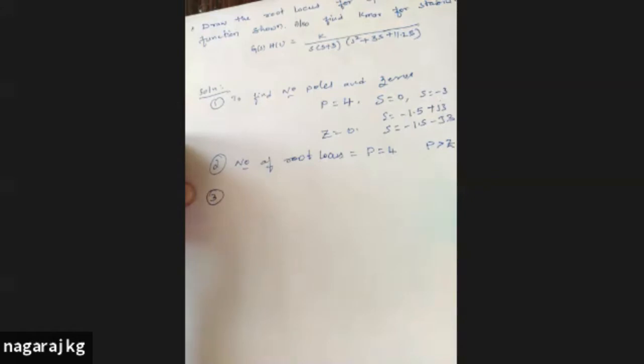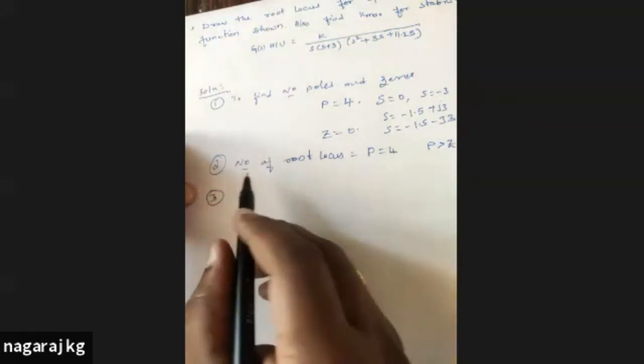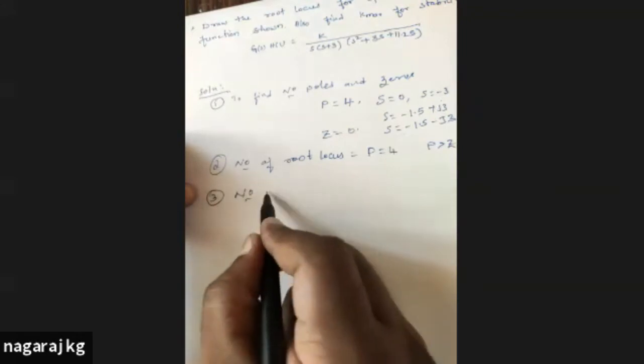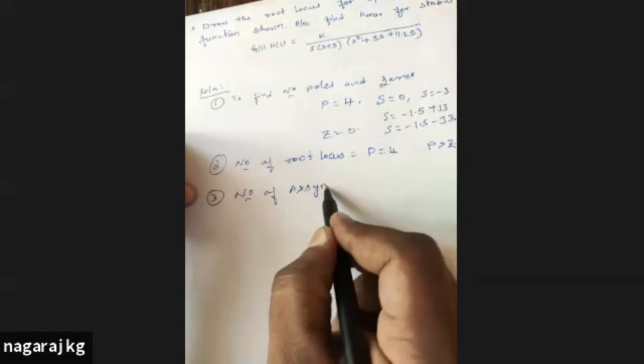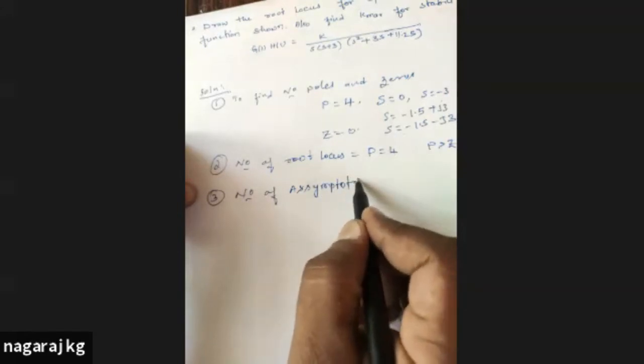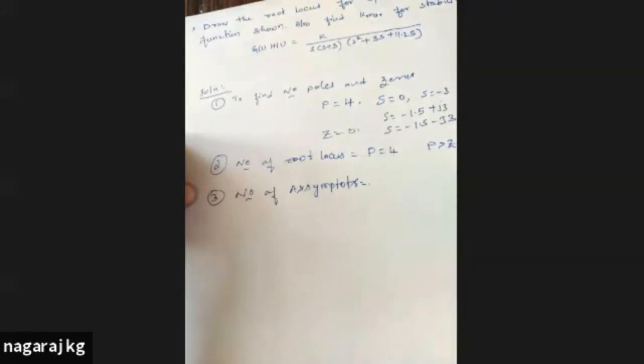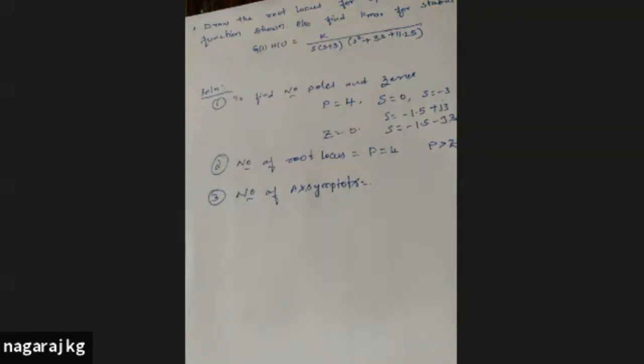So we have found the number of root locus. Number of asymptotes. Asymptotes are the guidelines for the root locus to approach infinity or 0. Always imagine that the root locus starts from a pole and terminates at infinity, or if a zero is there, it will go to the zero and get terminated.